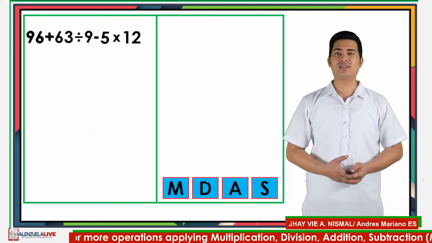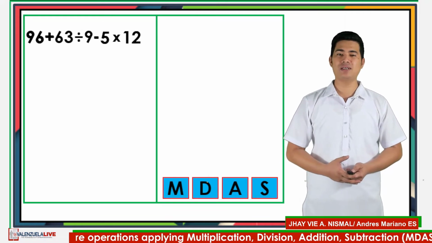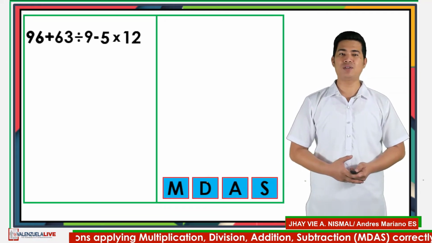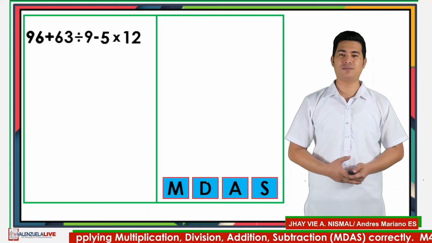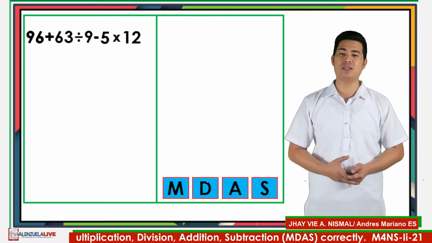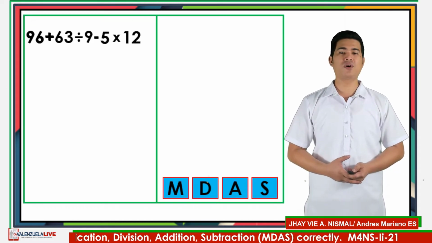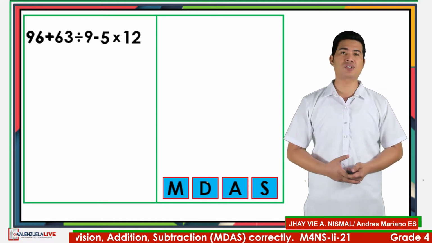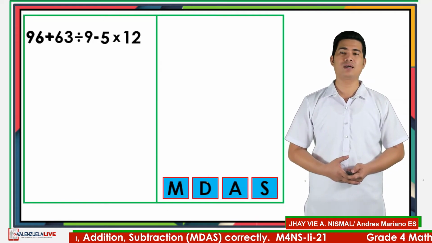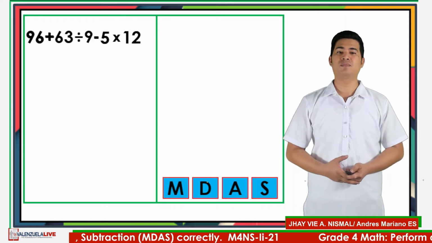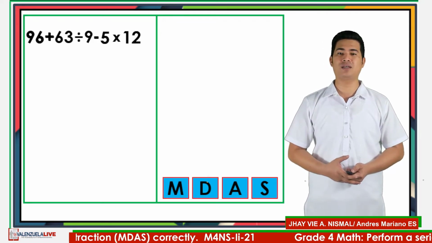Our next example is 96 plus 63 divided by 9 minus 5 times 12. What operations are present in the expression? Great! All 4 operations are present. What operation must be done first? Why? The rule says multiply or divide first before adding and subtracting.